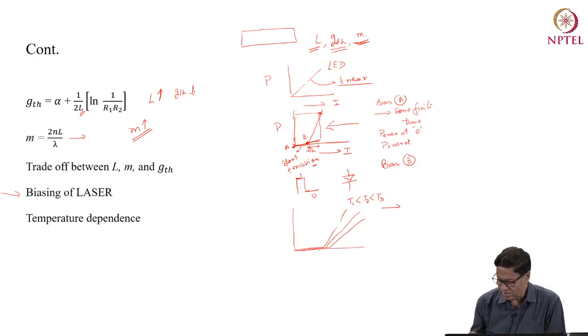So with increasing temperature, your threshold value also changes, and the characteristic also changes. So in order that you get constant output power from the device, you have to use some mechanism to control the junction temperature of the laser diode. If it is not controlled, then the output power will change, because these are different powers you're getting at different temperatures.